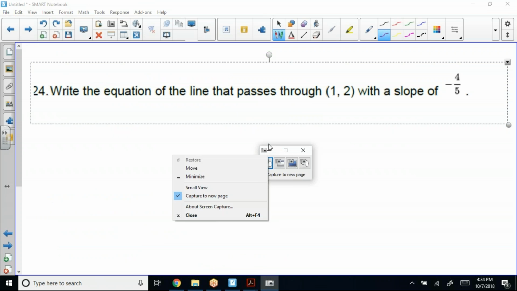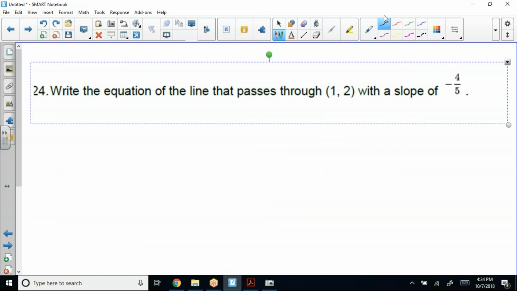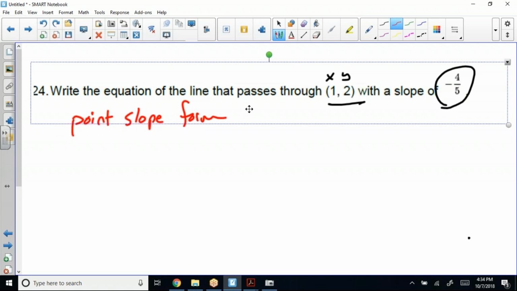On this one, it's saying write the equation of the line that passes through (1, 2) and has a slope of 4/5. Okay, guys, they're giving you a point, an x and a y, right? And then the slope, right? So there's a form called the point-slope form, and I would rock and roll with this all day long, okay? y minus y1 equals m times (x minus x1).